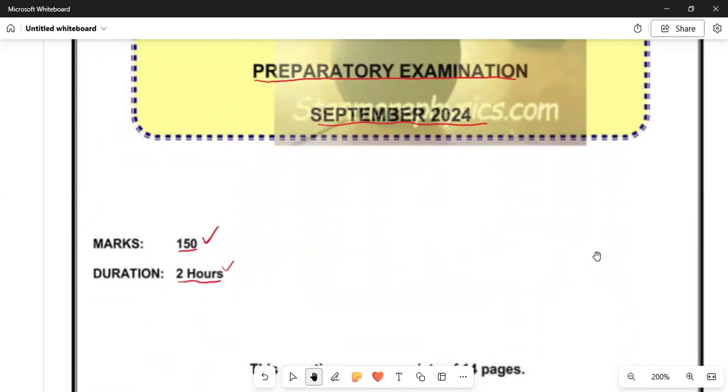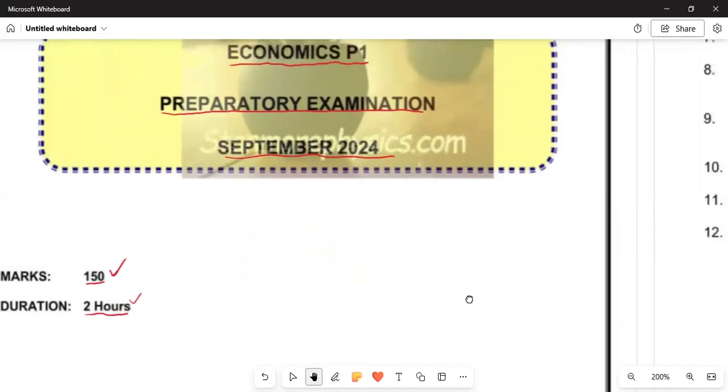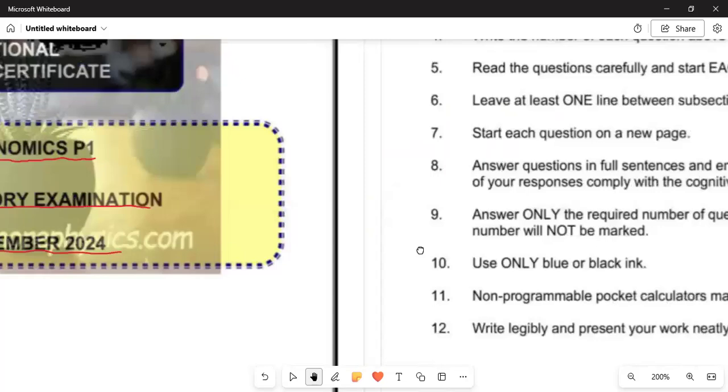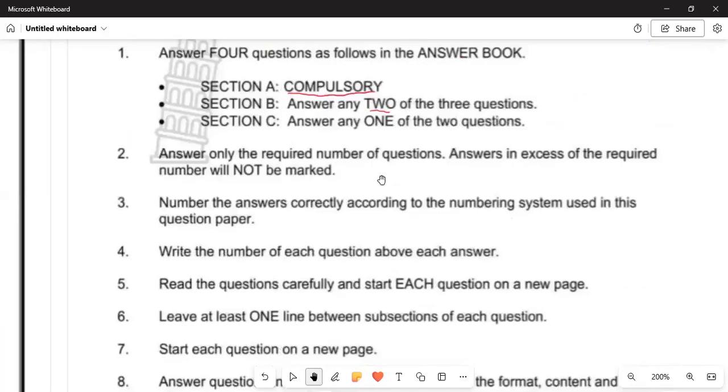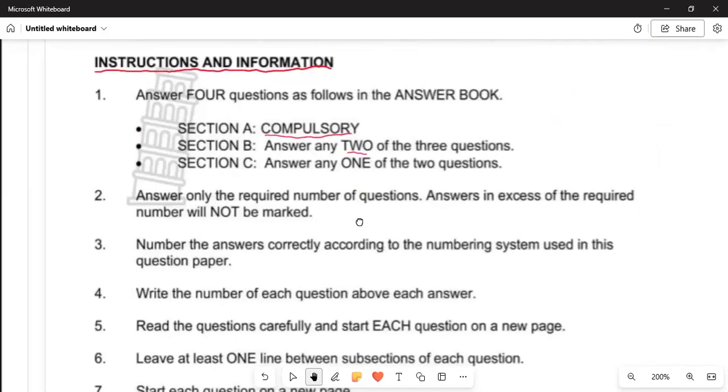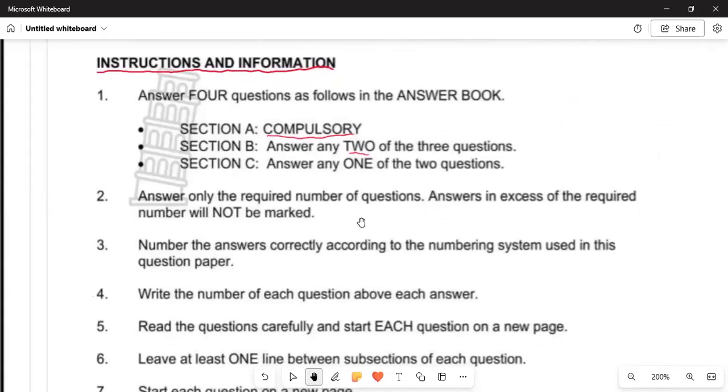Now let's quickly go to the instructions. It's very important that you don't attend to any question without reading the instructions.